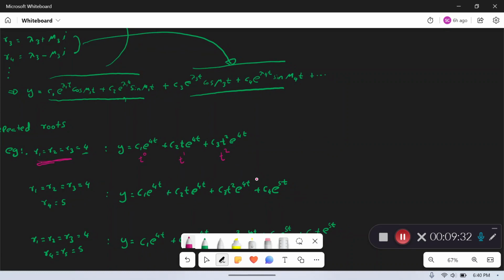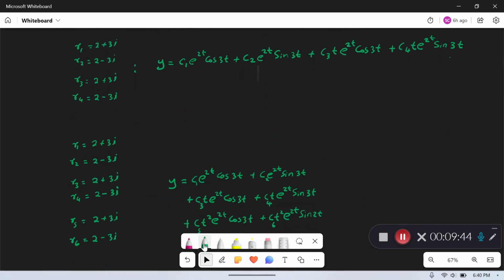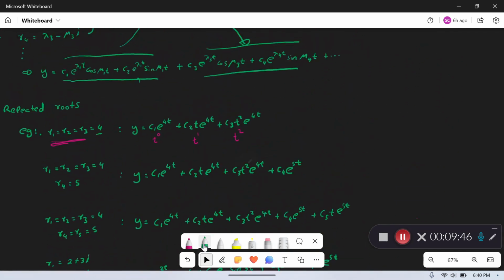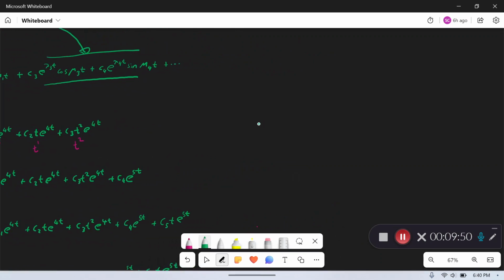Now let me write another example. Suppose you have r1 equals r2 equals r3 equals r4 equals 4.